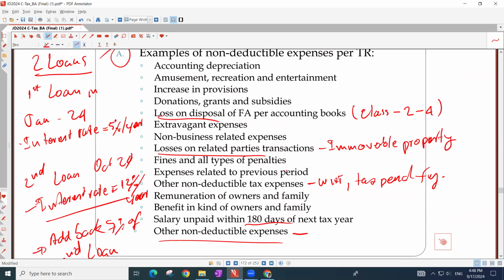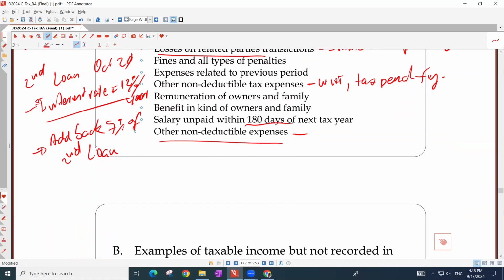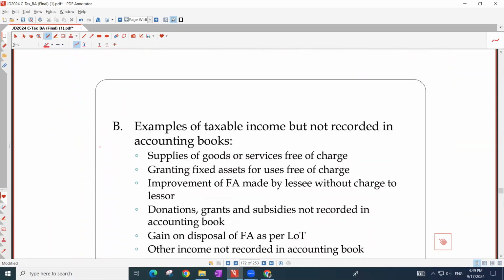Accounting depreciation, entertainment, increase in provisions. It means if you make a provision for accounts receivable, provision for inventory, or provision for any loss that you think is lost, if you make the provision that year, you need to add it back.